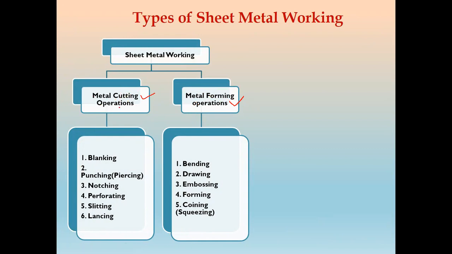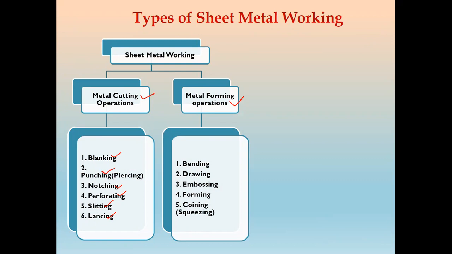The sheet metal working operations are as follows. First one is blanking, second one is punching or piercing, third one is notching, perforating, slitting, lancing.